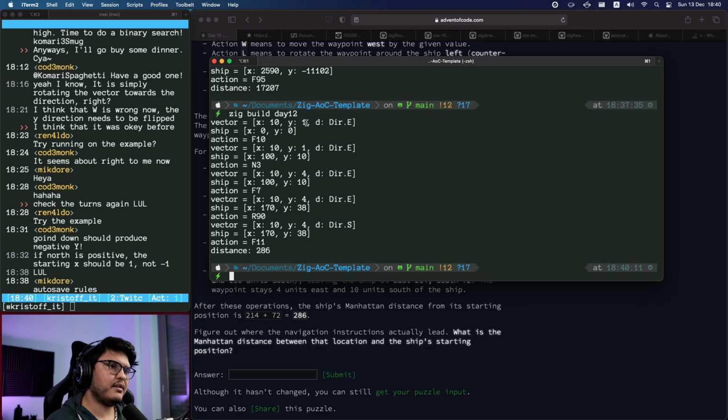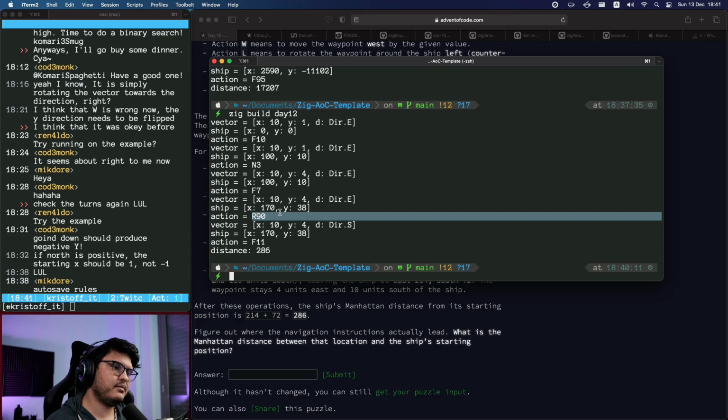So vector is 10, y, 1, direction east. This is 0, 0, forward 10 means 110, yes. North 3 adds 4 to y, yes. Forward 7 moves 70 in the x direction, yes, moves 70 east, moves 4 times 7 north, 28, yes.